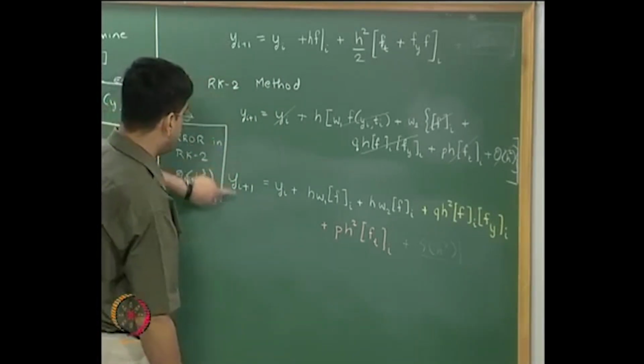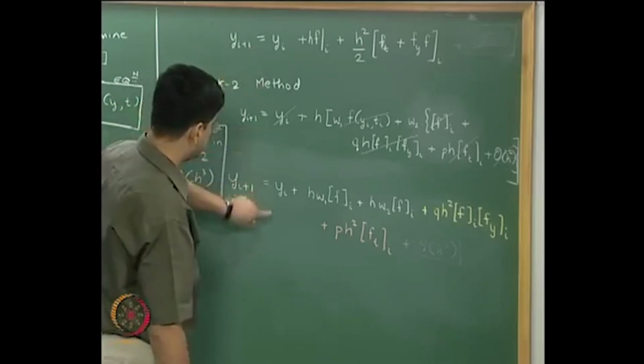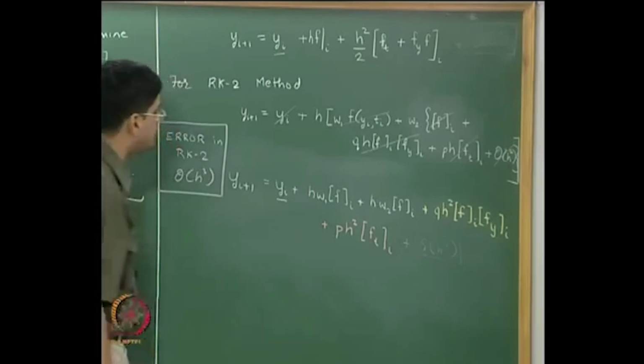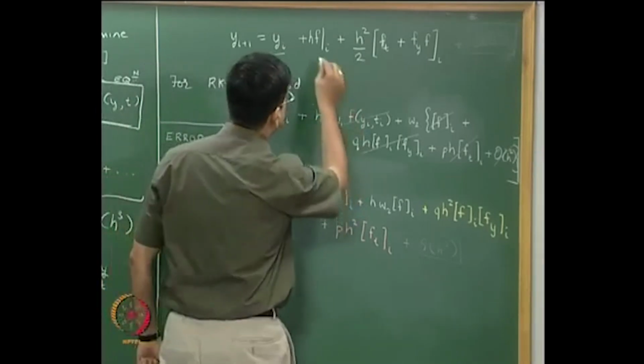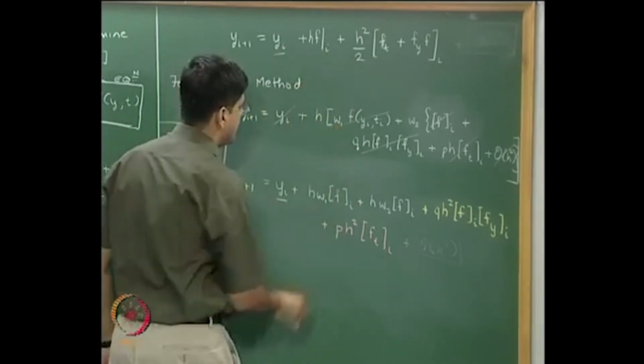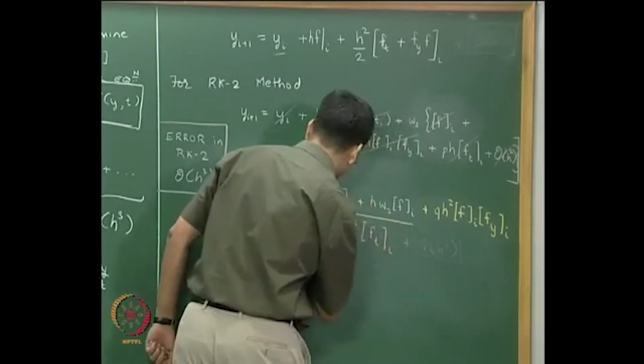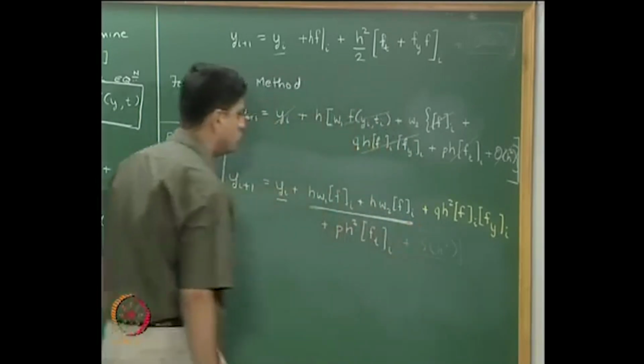Now we are going to compare the individual terms in this expression and in this expression. Now these terms are the same, we don't have to worry about it, okay. Now there is a term in h multiplied by fi, and the terms in h fi are basically these terms over here.